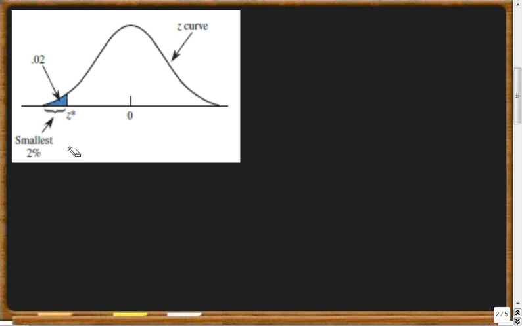Now, if we're talking about the z-curve, the z-curve has a mean of 0 and a standard deviation of 1. Well, we can figure out, based off of what we know about the normal distribution, what z-score has 2% or below as its data.